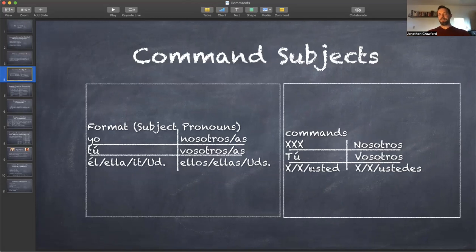And then it slowly phased out to just you. In Spanish, we still have a formal, and that is usted. Nosotros, we can command in the nosotros form, and also vosotros, which is still used in Spain, slowly being replaced by ustedes everywhere else.